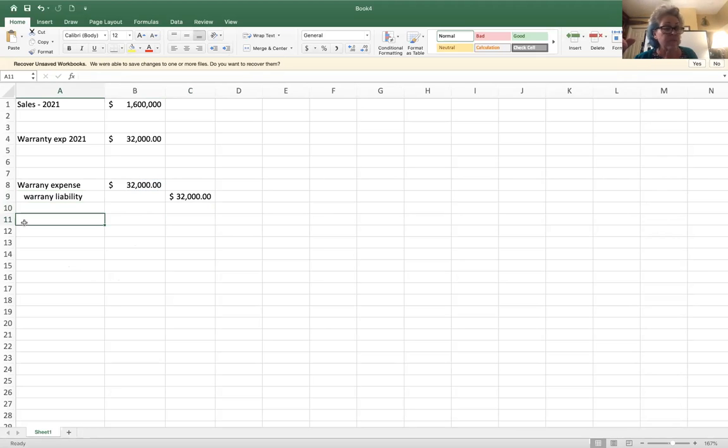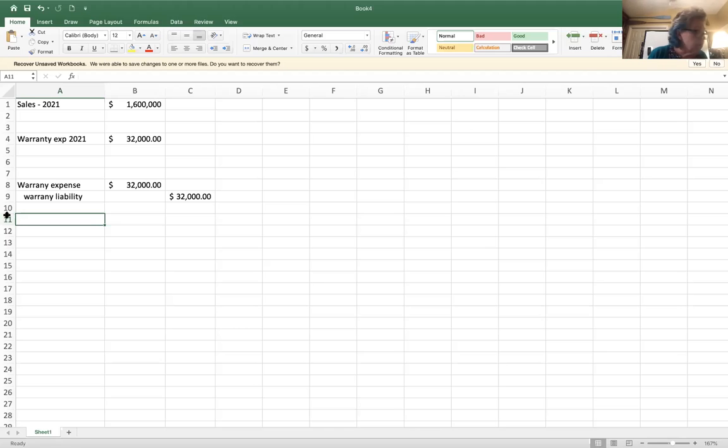Okay, so they estimated 2% of current sales, but remember that they have a 1-year warranty, so they estimated that the warranty would be in 2022.